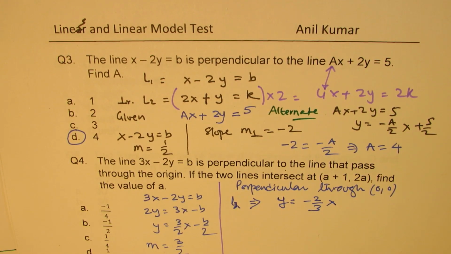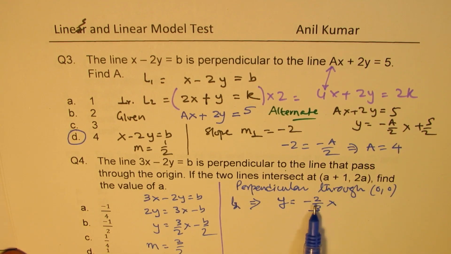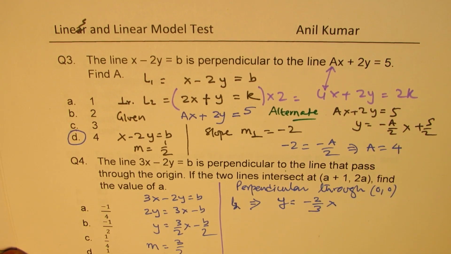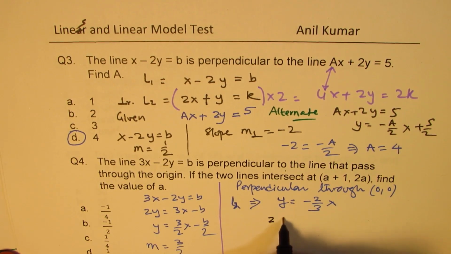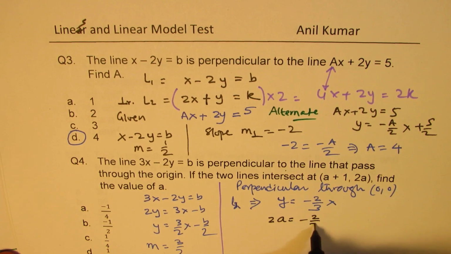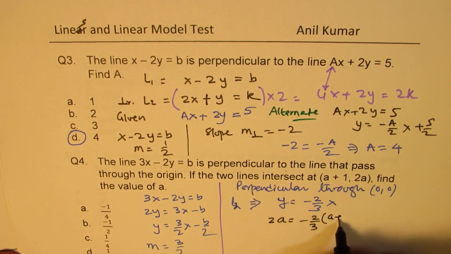That's it. Now, we are saying that the two lines intersect at a plus 1 comma 2a, find the value of a. That means this point is on this line also, right? And therefore, we can substitute and find a. The y value is 2a. The x value here is a plus 1.